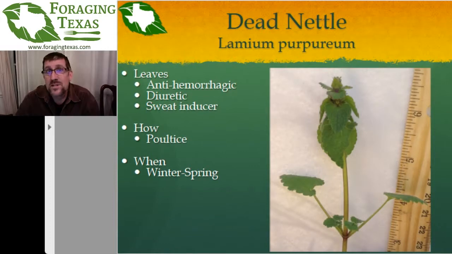And this is a winter-spring plant, so it needs the cold air to really trigger it to start growing. The earliest I've normally seen it is in November, but with the wintertime plants, it might have shown up as early as October this year. But generally November through February is the time when you're looking for the dead nettle.